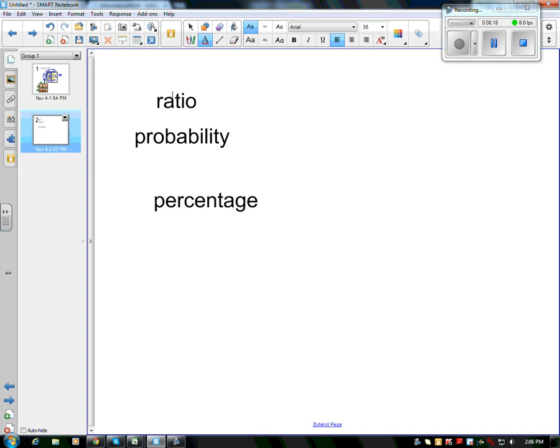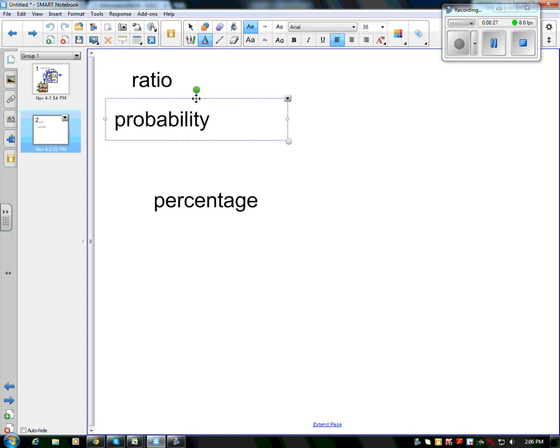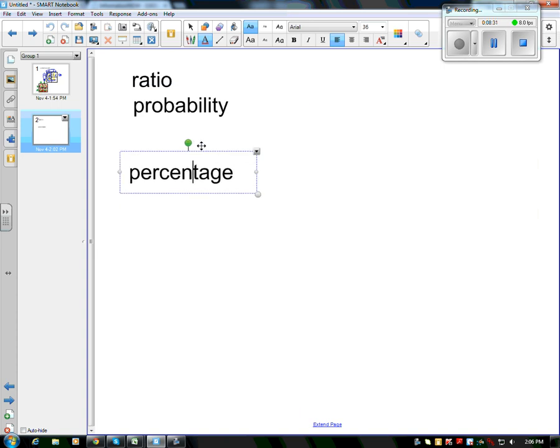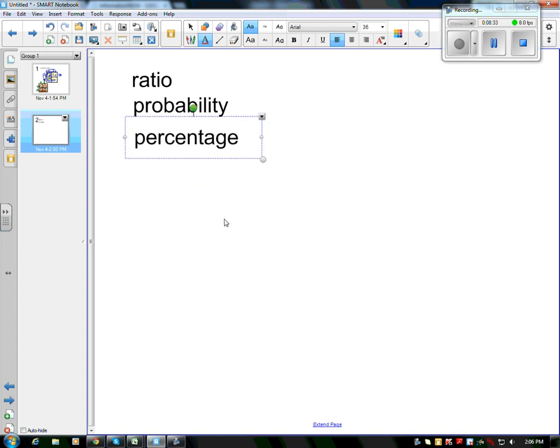So ratio, what is the ratio? Well, ratio shows relation between two quantities.